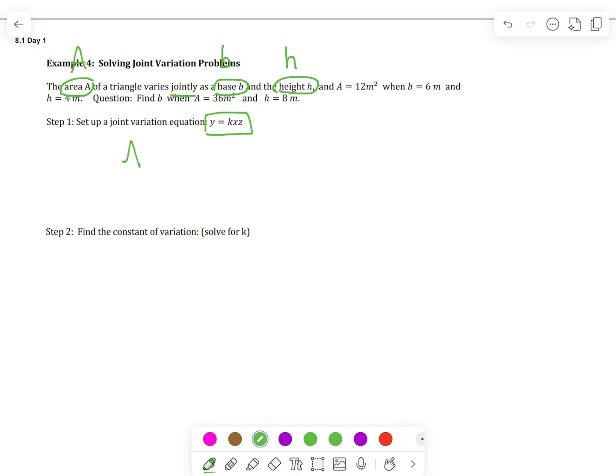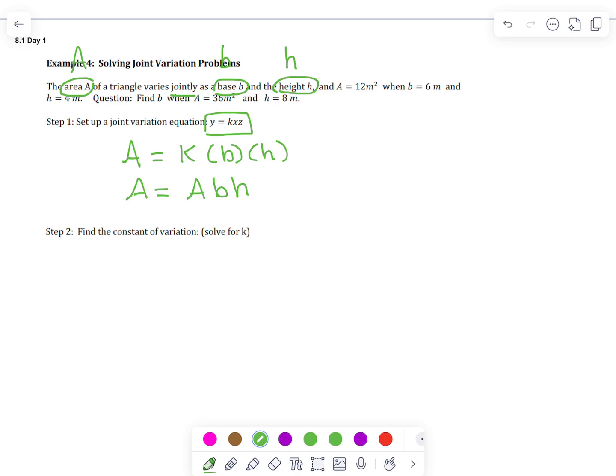So A varies jointly with the base and the height. So I'm just going to go ahead and change that to A equals kBH.